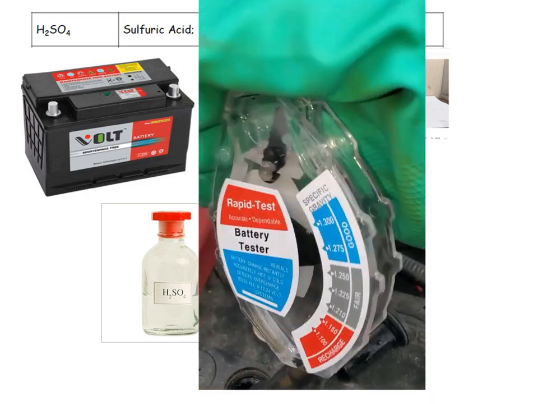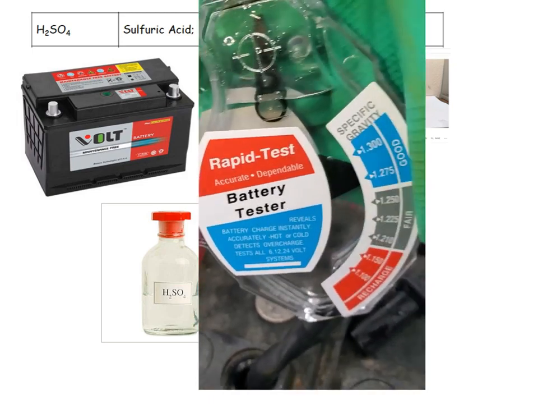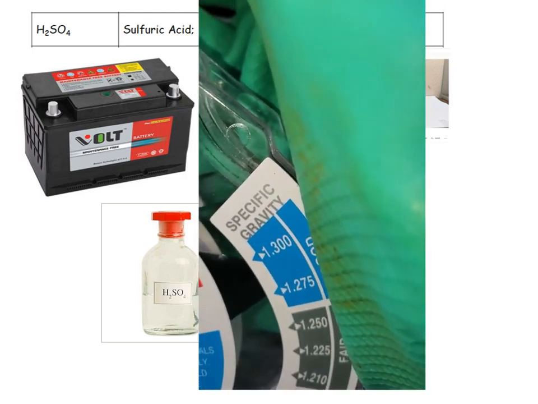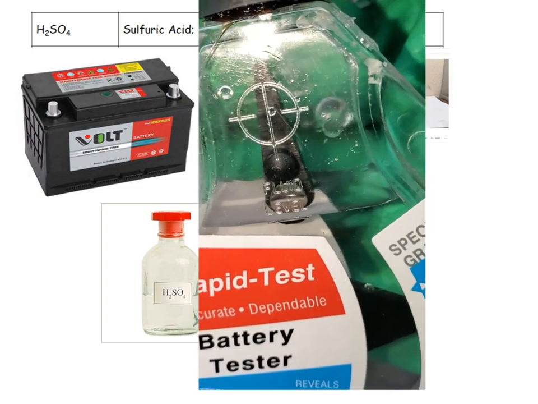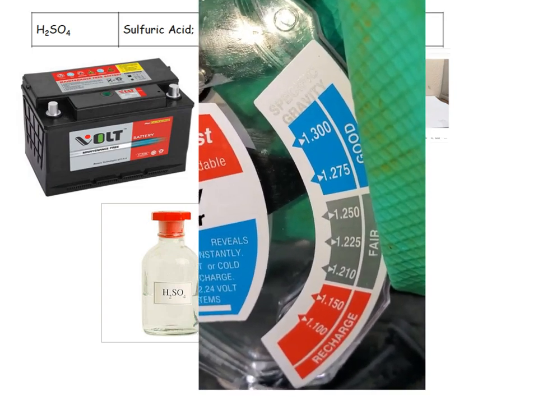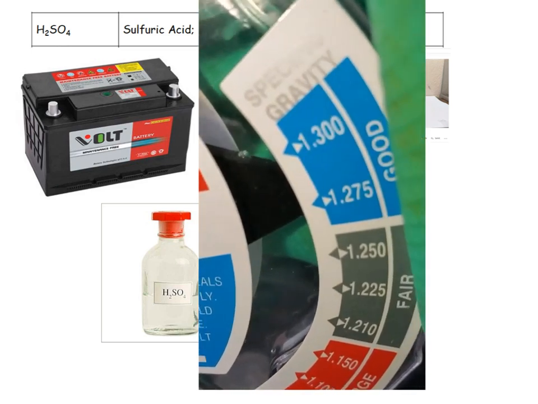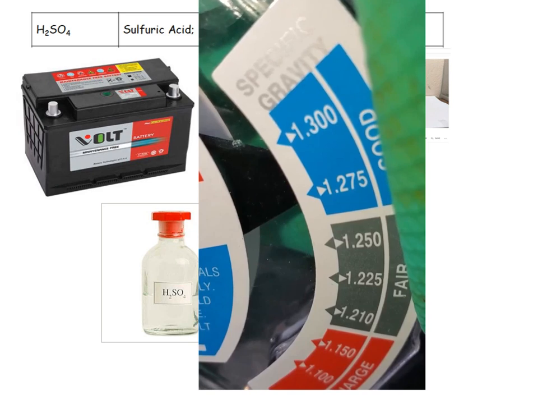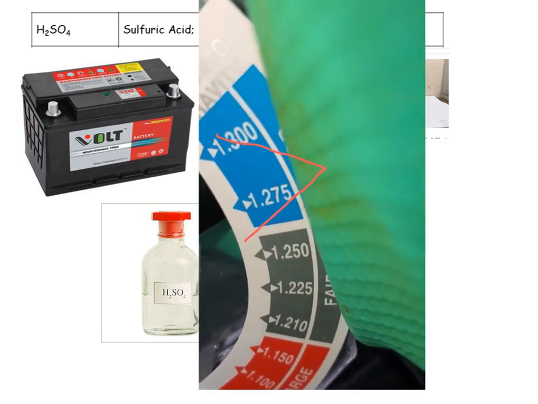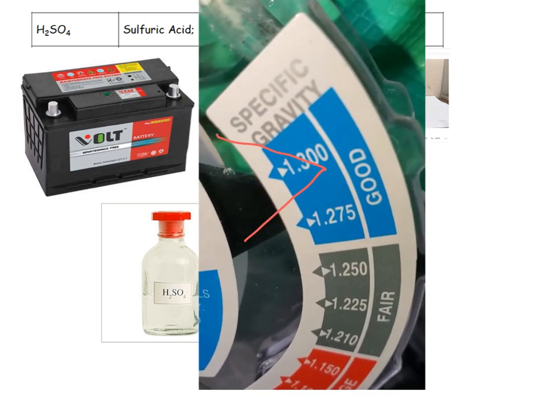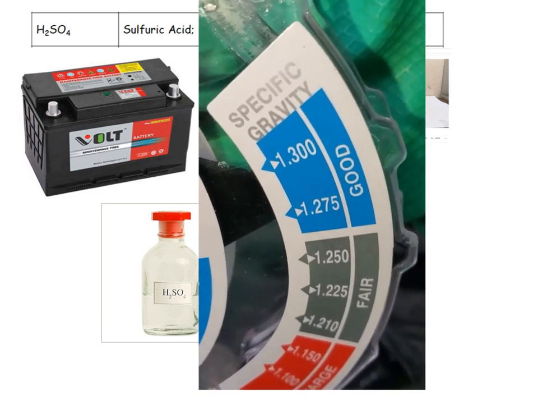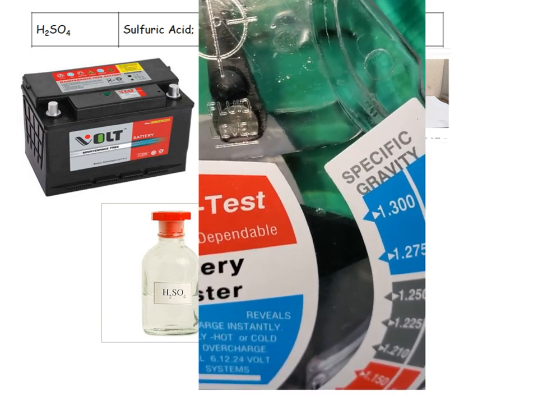Let's take a closer look at this. You can see the level, and there's a little line that it's supposed to be up to right about there. And there's a little gauge on the side here, and the needle is somewhere between 1.2 and 1.3. So the charge on this battery is good. Not all the way to the top, but fully charged.